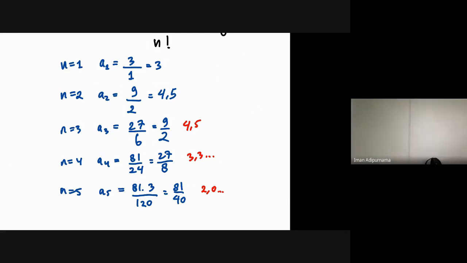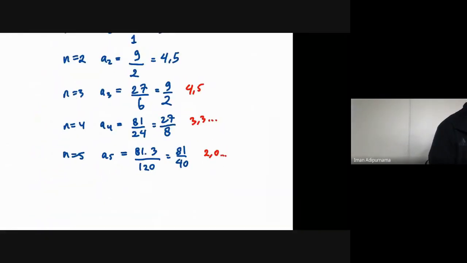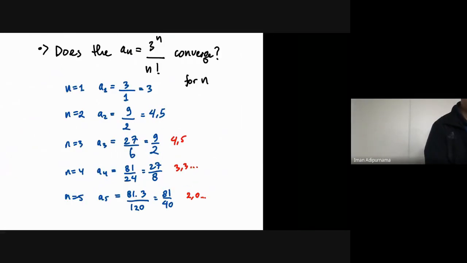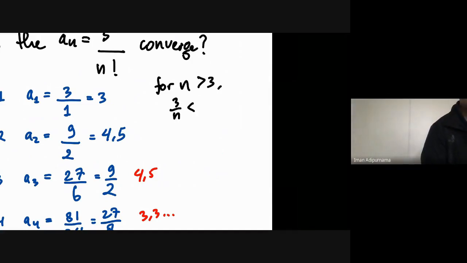Okay. So let's say n greater than 3, we know that 3 over n is less than 1.